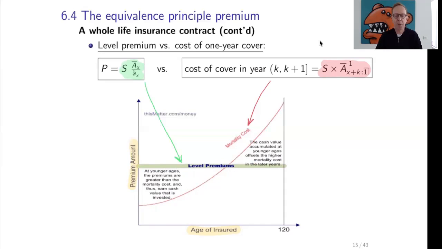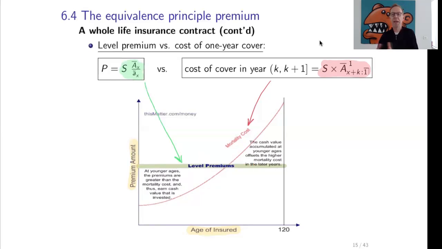So what do we see? At younger ages, the level premiums are greater than the mortality cost, and thus earn cash value that is invested. So when we take insurance in the first years when we are young, we pay too much into the insurer's savings account, since the cover for the life insurance is cheaper. But in the later years, we still pay a smaller premium than the mortality cost.